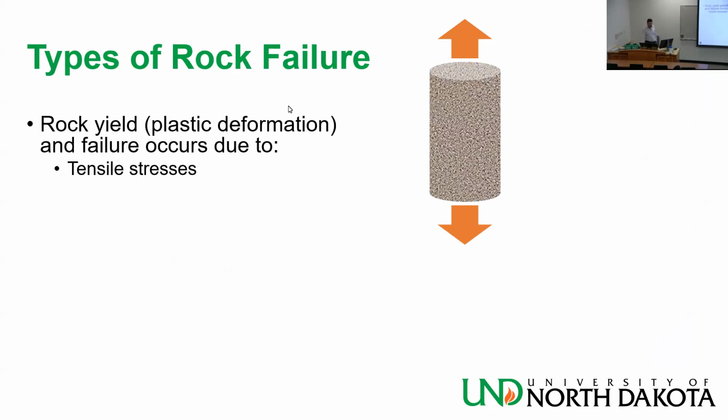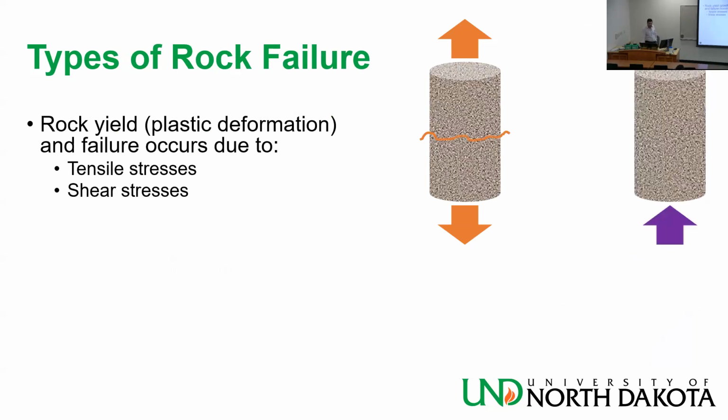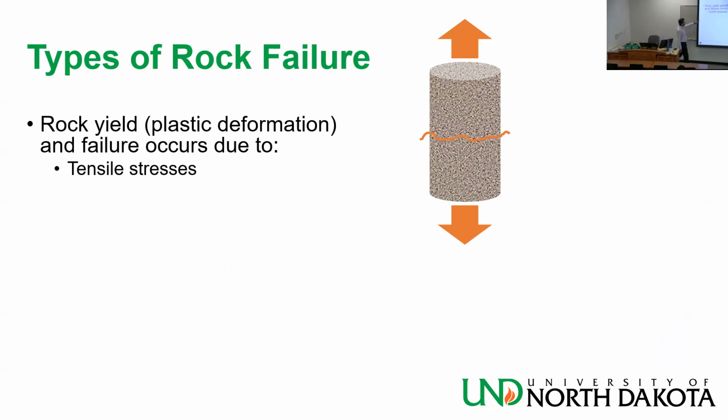Rock yield is basically failure induced by tensile stresses. Imagine I have a rock and I pull it apart, I tear it apart, and it will break somewhere here. It will be a tensile failure, right?